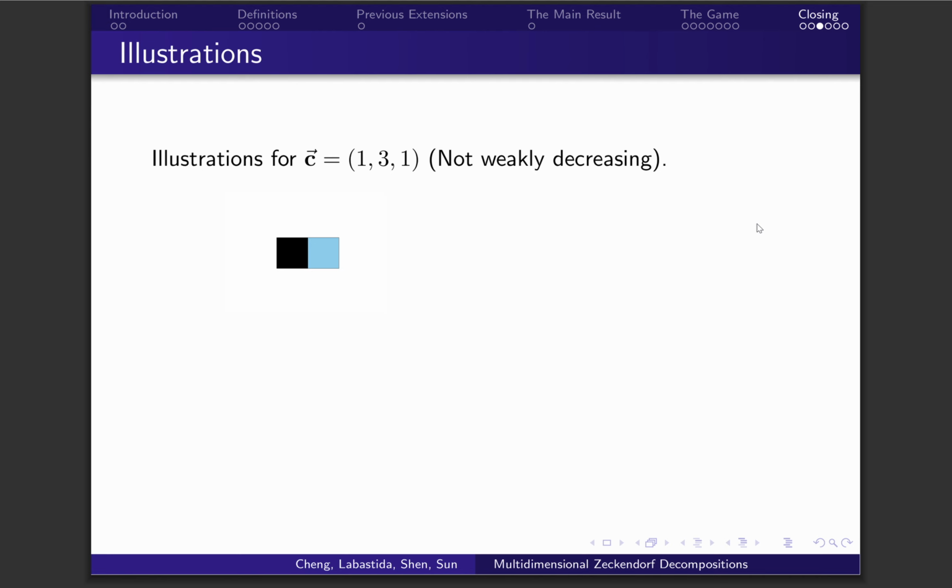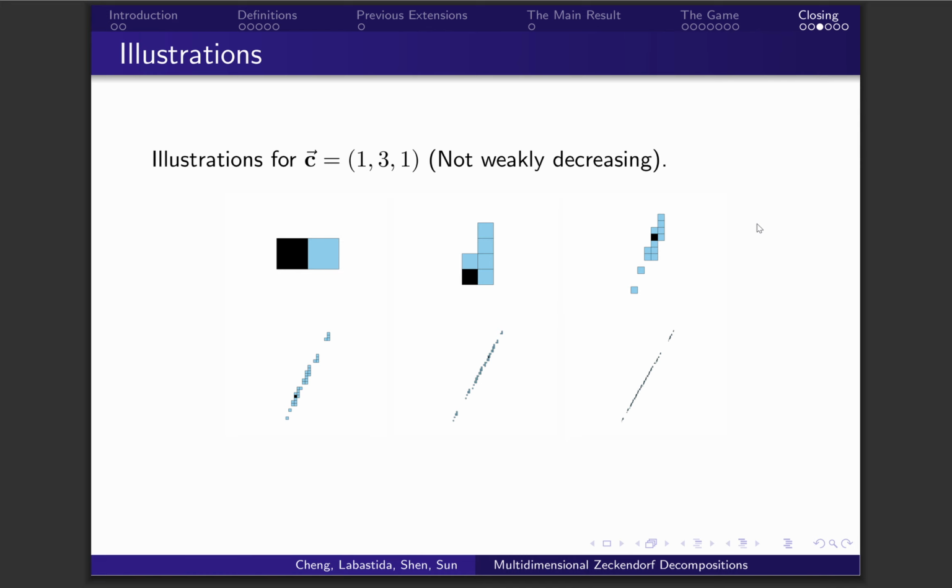And for vector c equals 1, 3, 8, 1, 3, 1, which is not weakly decreasing, as we saw before, the algorithm may fail to terminate for some representations, so the existence of a unique representation for all vectors is not guaranteed. The figures of D_1 to D_6 also show that it cannot fill the entire space.